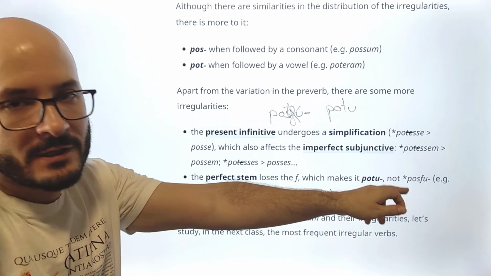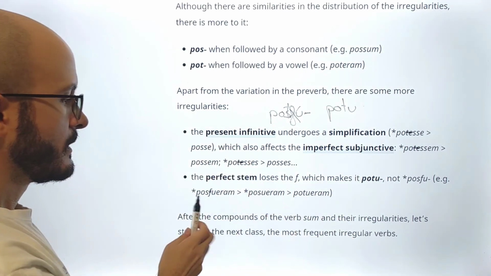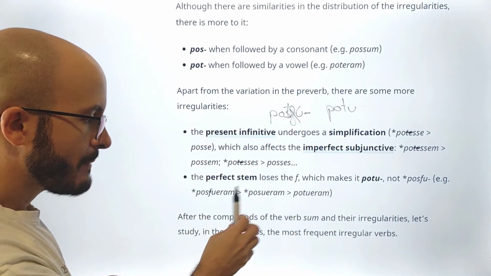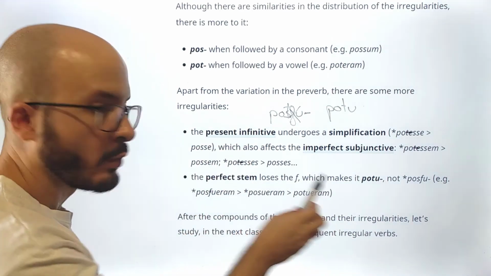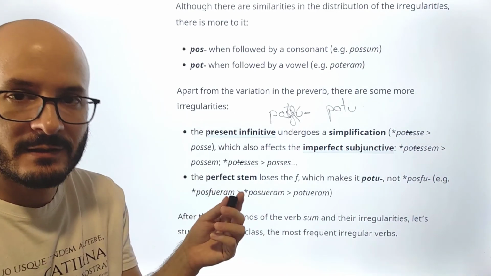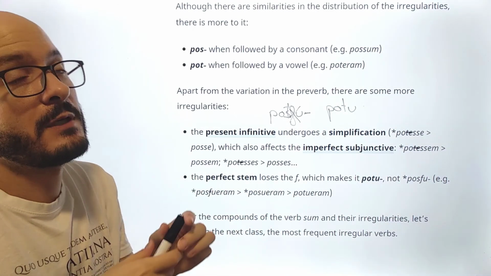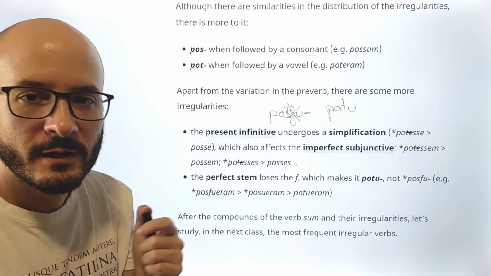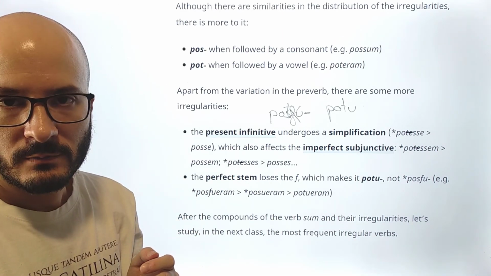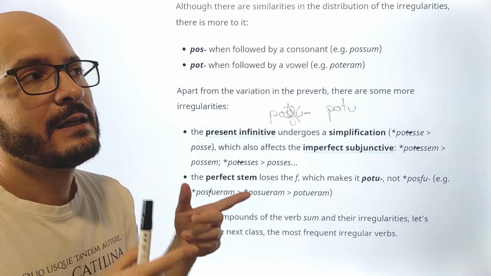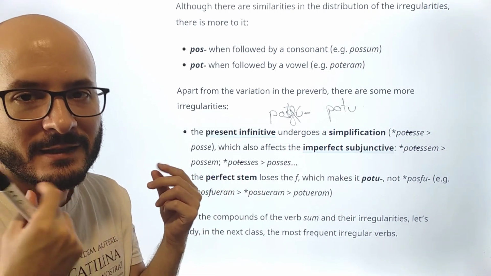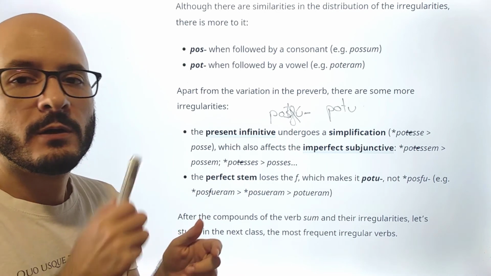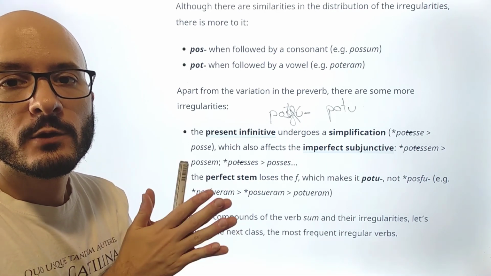Of course, this we just learn by heart, and that's it, no? So not posfueram, not posueram, but potueram. Okay, so that's it. This class, it might look like there is a lot of information, a lot of things to learn by heart, but it's really quite simple. Now, the next class, we might say that it has more information. So let's continue with irregular verbs.